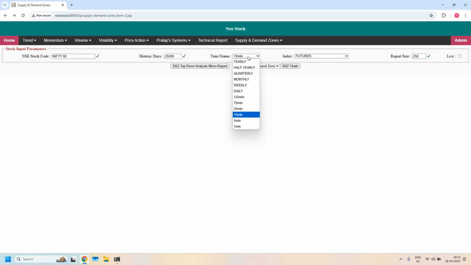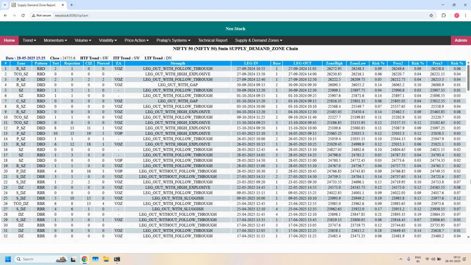Next, 5 minutes supply demand zone chain for Nifty. Serial number 20 is the nearest demand zone to the current closing price, pierced zone. Let me put it in the center.